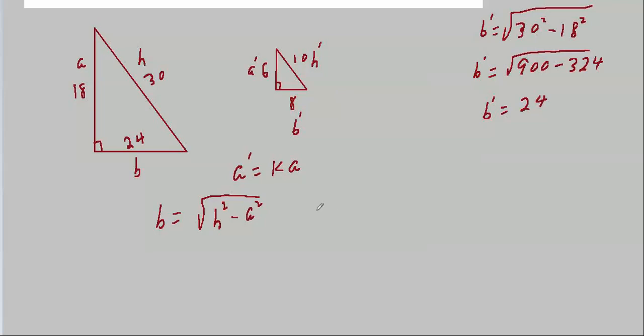Okay, let's check it out. Well, same thing, it's h prime squared minus a prime squared, and then we take the square root of that. But what's h prime? k times h. And of course, a prime, k times a.